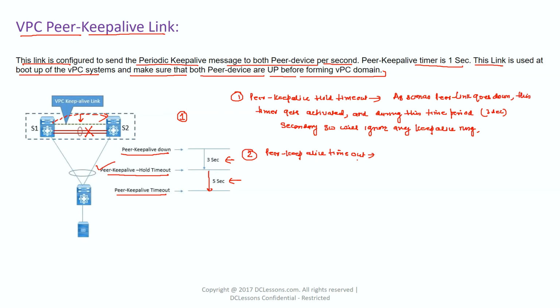If a single hello message is received, the secondary device concludes that my peer link goes down, but I have a peer device which is sending keep alive messages to me, and it concludes that there must be a dual active scenario, and because of its detection, it will disable the VPC member port.